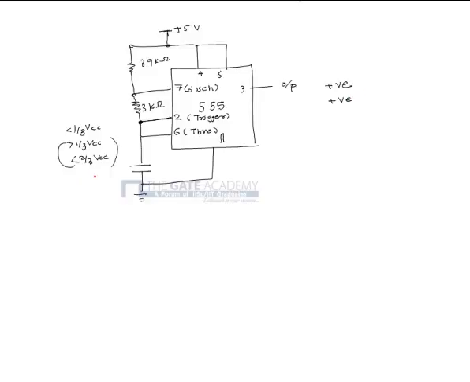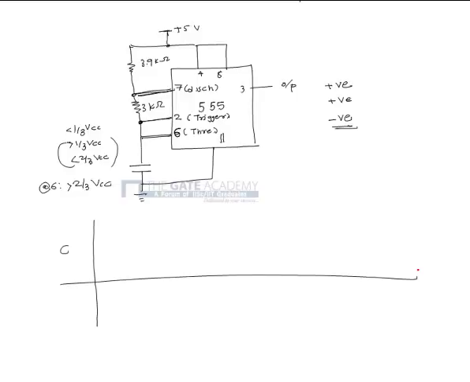And whenever it goes above 2/3 of VCC, that means whenever the input at pin number 6 goes above 2/3 of VCC, output switches to negative, and it will discharge the capacitor through pin number 7 whenever output is negative. So let us draw the waveform of the voltage across the capacitor.